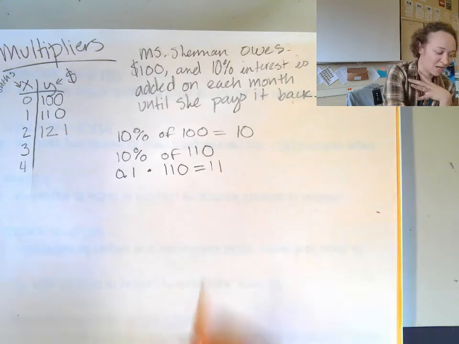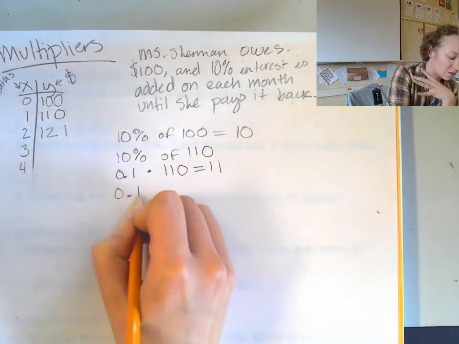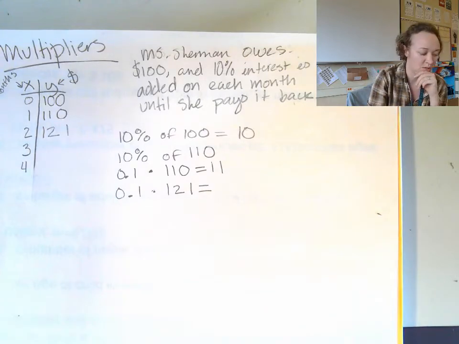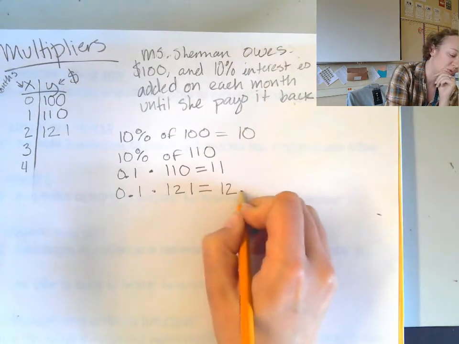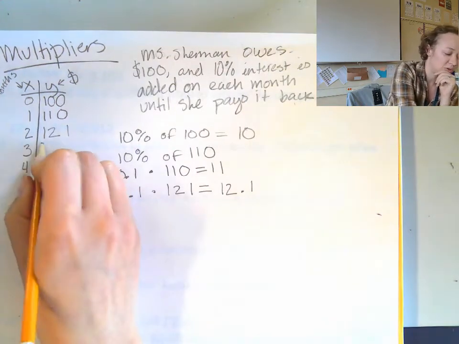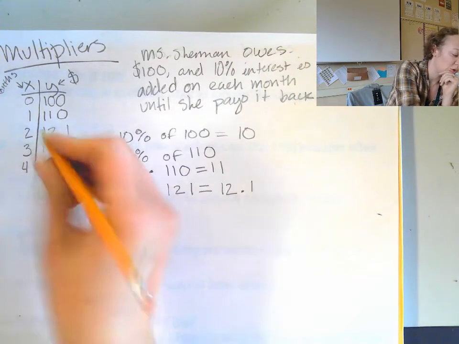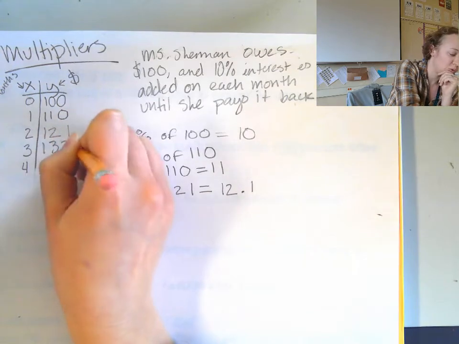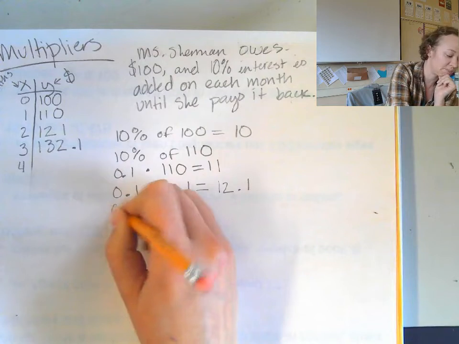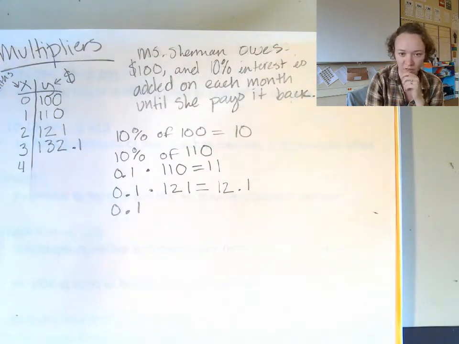Another month goes by, I still don't pay it. 0.1 times 121, that's going to be 12.1. So that gives me $133.1 that I owe. This keeps happening, right?